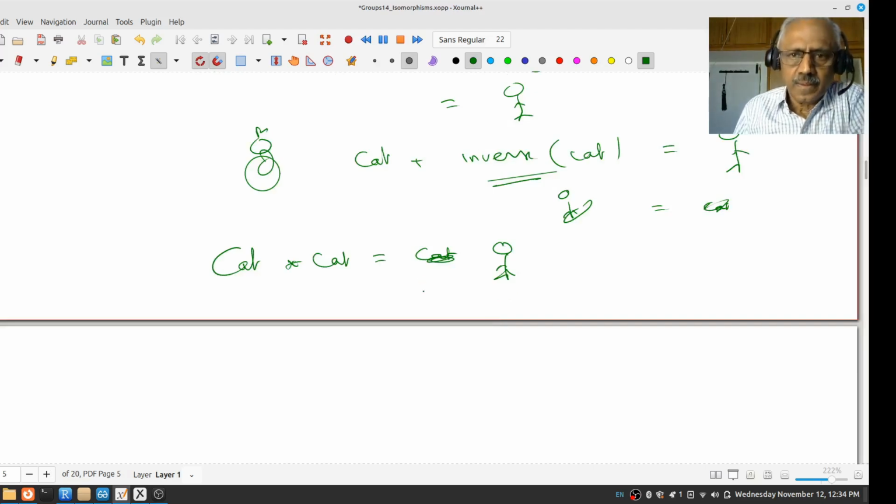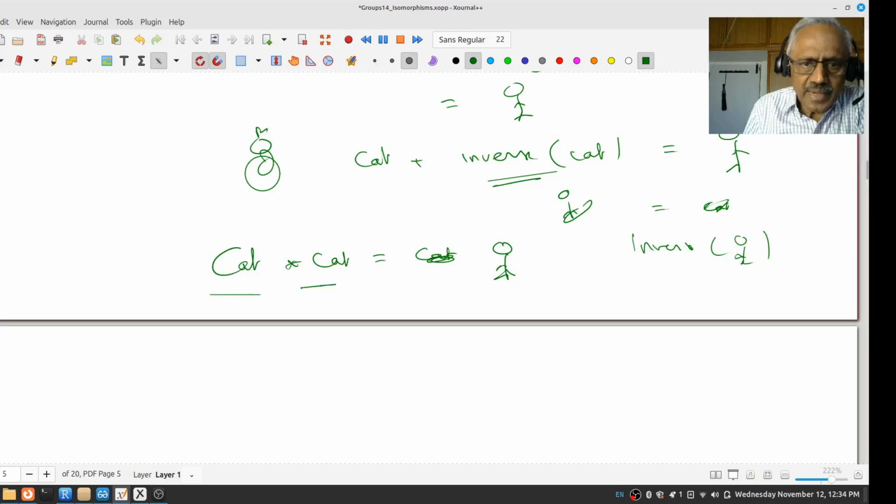Therefore, the inverse of cat must be equal to cat. Notice that this is also the way we defined cat star cat equal to identity.